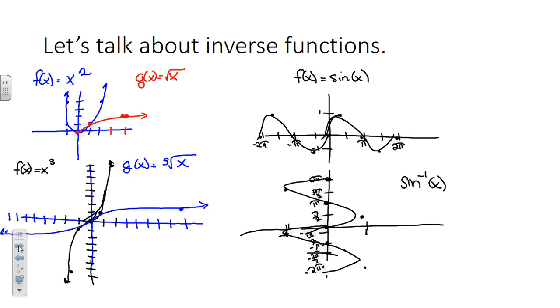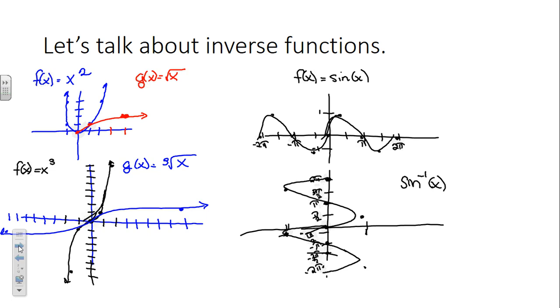For every x, we have lots and lots of y's, right? For every x, we have to have exactly one y to be a function. And so if we're trying to graph it this way, it's not possible for the inverse sine to be a function, unless we restrict it and say we only get to use certain values. Does that make sense to everyone?